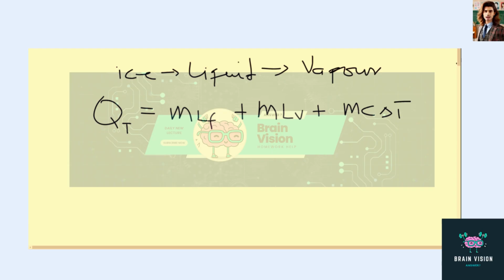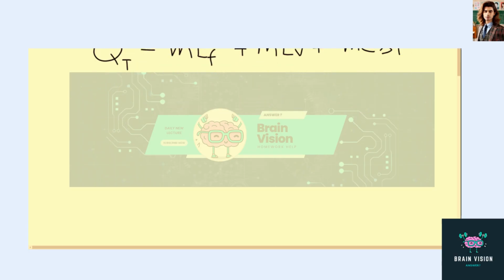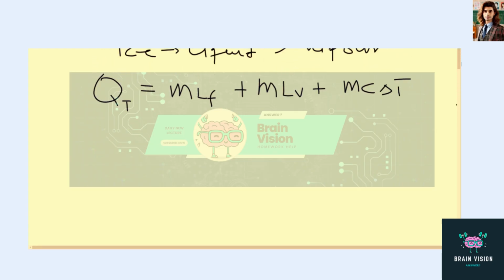Now we're just going to take this one after the other. When we pick mL_F, the latent heat, we'll have Q subscript F, where the F stands for fusion. The mass of the ice is 12 grams.